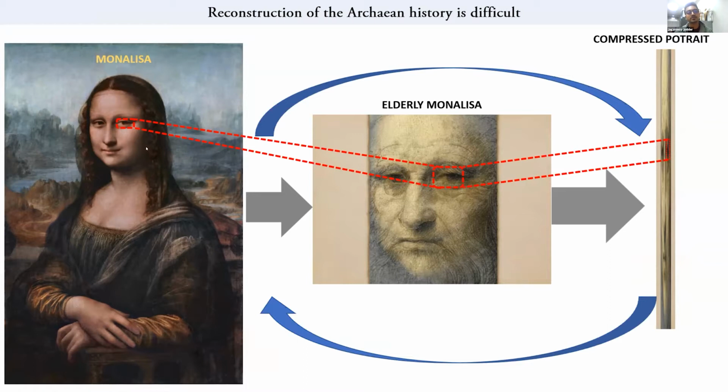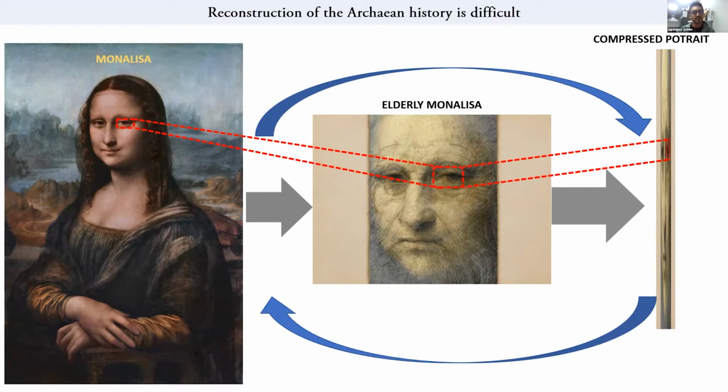Consider that if this portrait of Mona Lisa had gotten old over time, and you wanted to find out some crucial details, as in if this portrait had gotten crumpled or compressed, and you wanted to reconstruct the history, this becomes a very daunting task. That's how I go about the fact that the Archean history is a very difficult challenge to unravel.